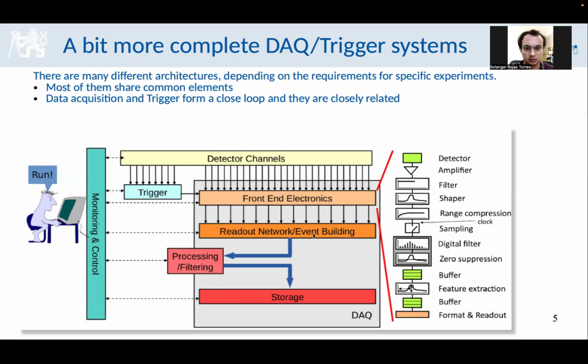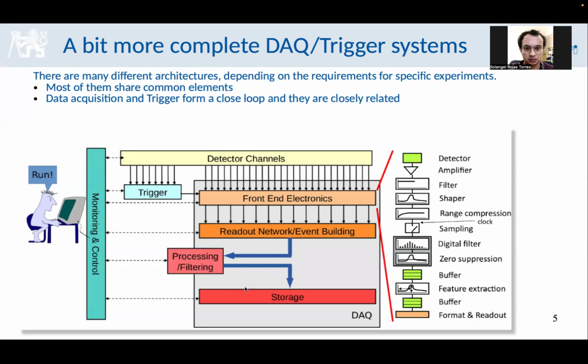Then you have a system which takes all the information from the front end electronics of all detectors. And here you have the readout network to read out all the information, and the event building part, which correlates the information from the detectors per event. It produces the information from event to event.